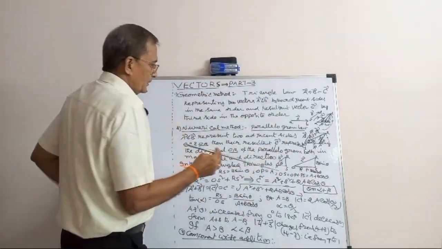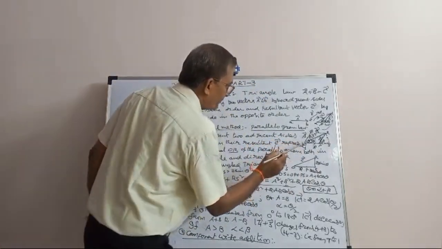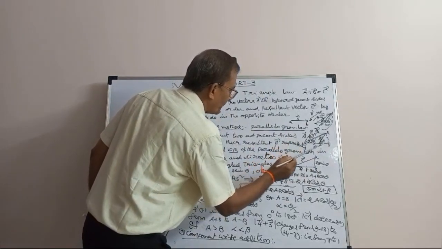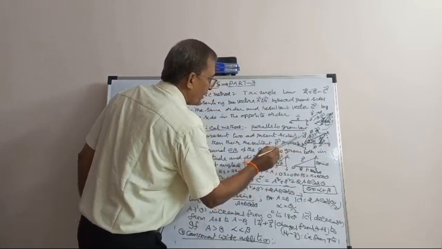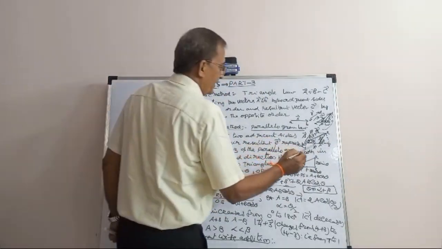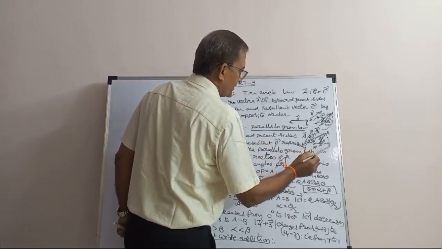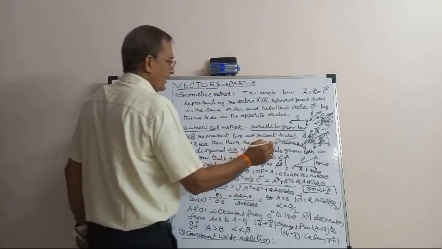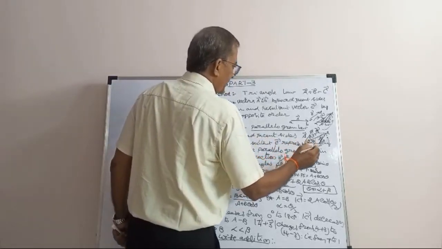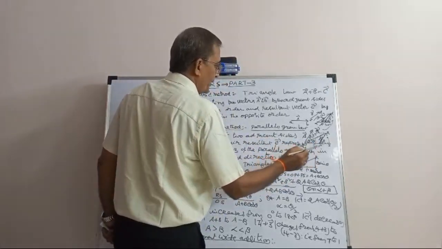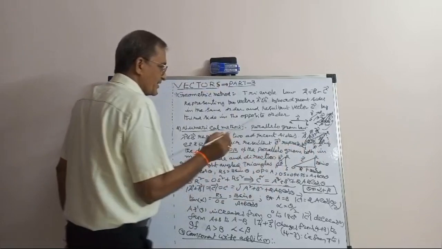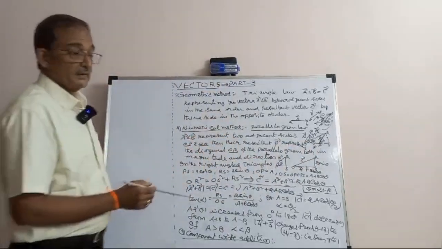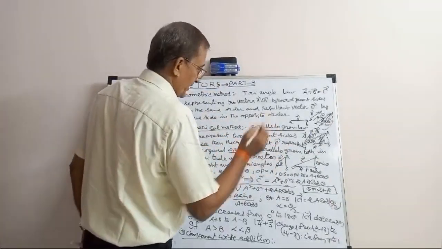Now, in this parallelogram, the angle QOP is the angle between A bar and B bar, and I have extended this OP up to S by drawing a perpendicular RS, so that I will have a right angle triangle OSR to measure the magnitude of A bar plus B bar.